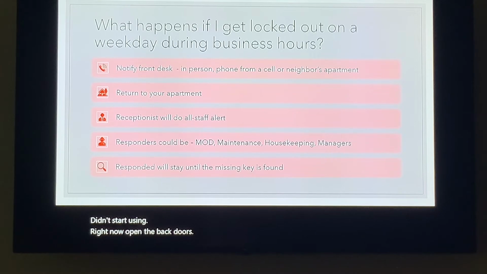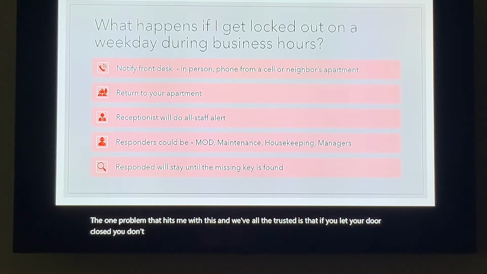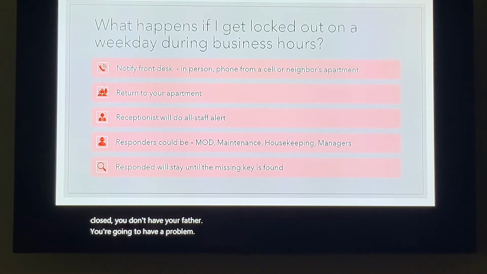Now the one problem that I see with this, we've all addressed it, is that if you let your door close, you don't have your fob, you're going to have a problem. So the first thing you have to train yourself to do is keep the fob with you. There's a lot of ways you can do that, but keep the fob with you.